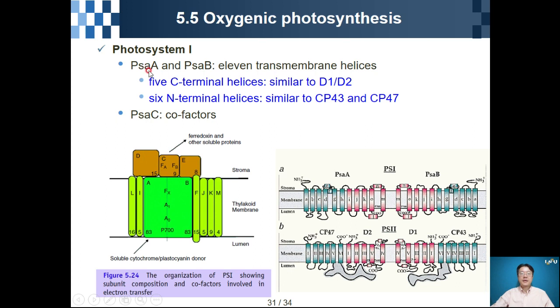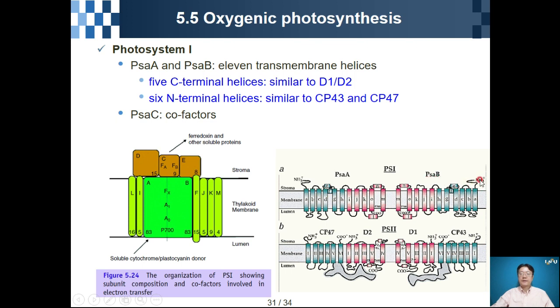Okay, PSA-A and PSA-B have 11 transmembrane helices. For example, for PSA-A, the N terminal is located here and the C terminal is located here. So they have 11 transmembrane helices.